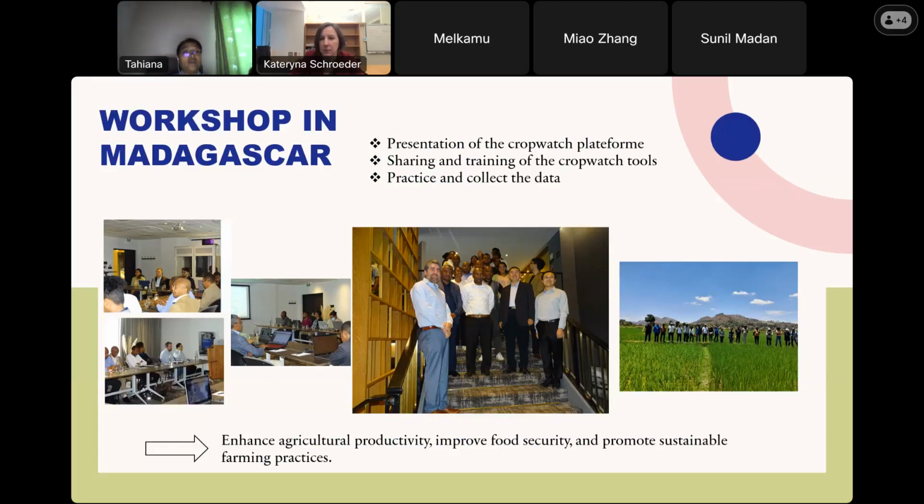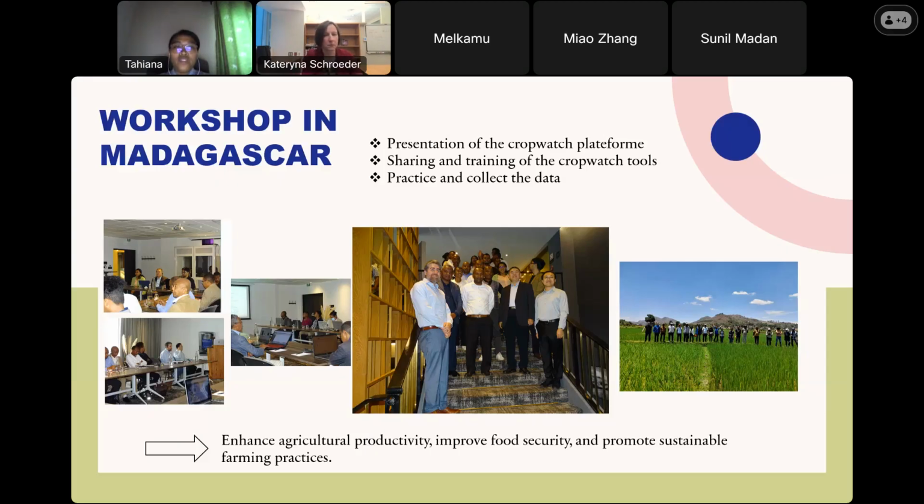During the workshop, the CropWatch team shared with us the advantages of using remote sensing data and how to use software, as Dr. Mios presented before, like FieldWatch and GVG software for collecting data.